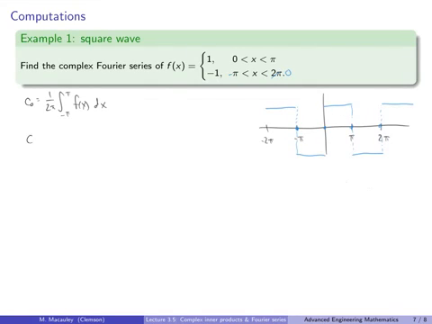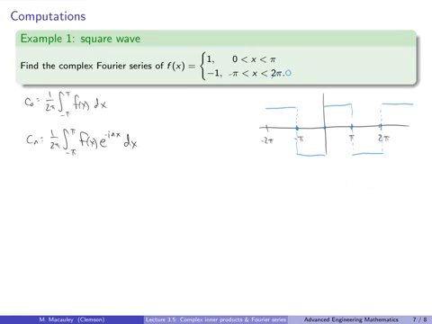Okay, so Cn now. Cn is 1 over 2 pi times the integral from negative pi to pi of f of x e to the i n x dx. Well, it's the complex conjugate of this, so we've got to put a negative sign in front of that. Okay, so let's compute this.